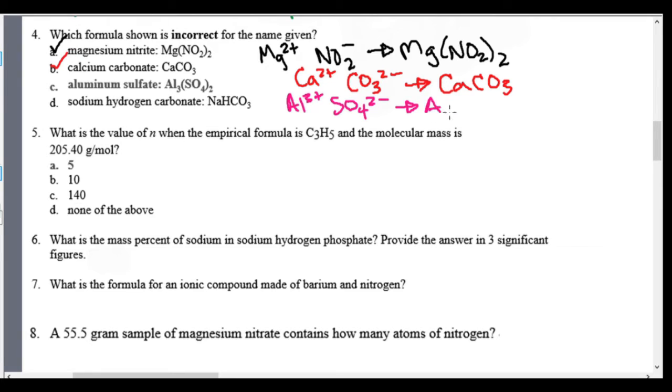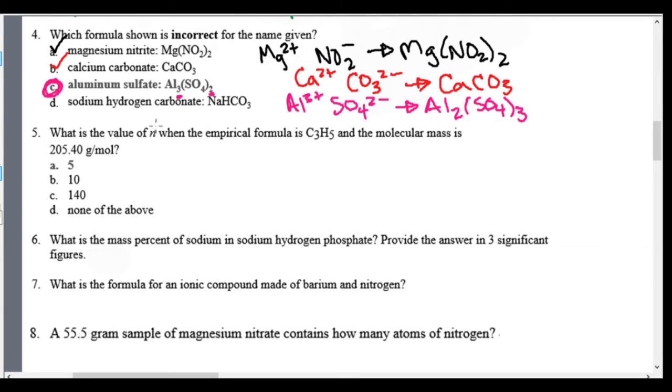And just for reassurance, if you have a hard time remembering hydrogen carbonate or bicarbonate, or the hydrogen sulfate, dihydrogen phosphate, I thought of another way you can look at this. You can look at it as sodium, then hydrogen. Hydrogen can be H plus, right?